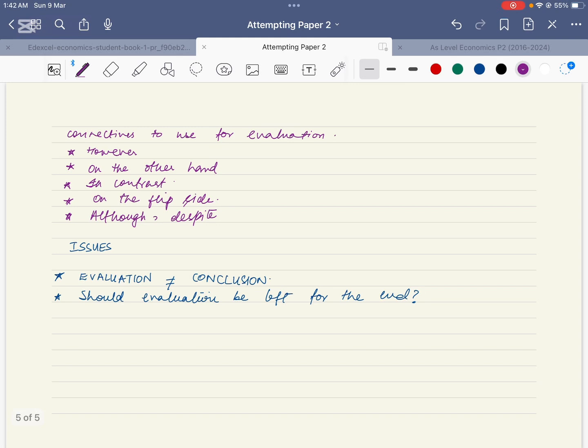But if there is a question about, say, taxation, will taxation always benefit the economy or benefit all economic agents? If that's the question, when you write about taxation, you will say that if taxes are increased, then the government will be able to generate more revenue in taxes, but consumer expenditure might come down if direct taxes, suppose, are increased, because their disposable income will decrease after paying heavy taxes.